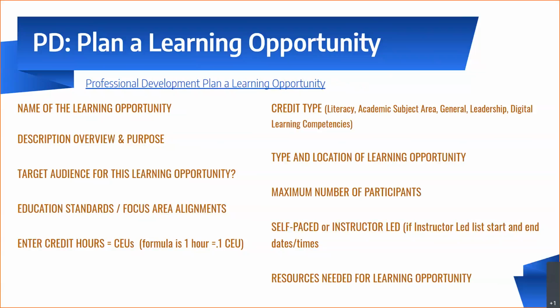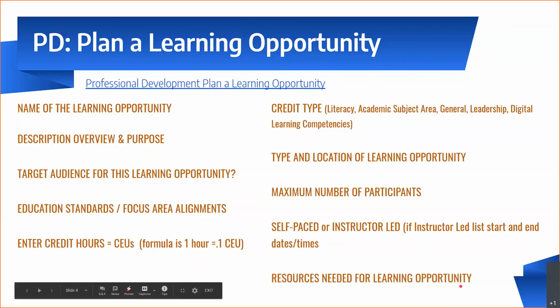Are you going to tag some standards or focus areas like CTE or ELA, maybe social emotional learning that's now required? Are you going to tag it to those so that teachers can find those courses? And you're going to need to think about what amount of credit hours your learning opportunity is going to earn. And then you can read the rest of the items on the screen there, and they are listed as well in the linked document.